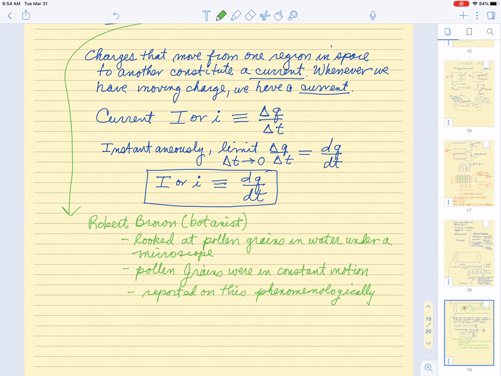But it took several years until Einstein, along with a Polish physicist, Smoluchowski, developed the mathematics for Brownian motion.